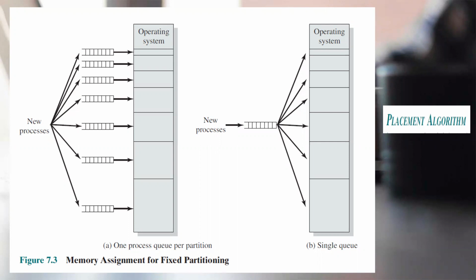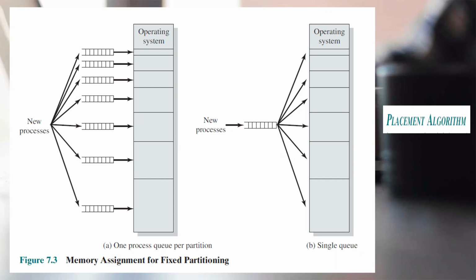So with unequal size partitions, there are two possible ways to assign processes to partitions. The simplest way is to assign each process to the smallest partition within which it will fit.